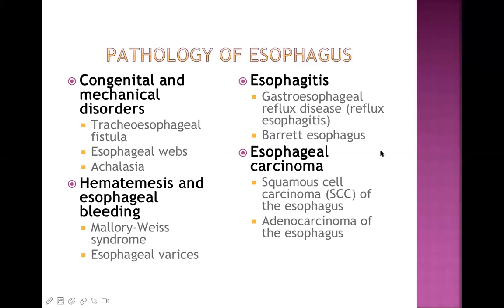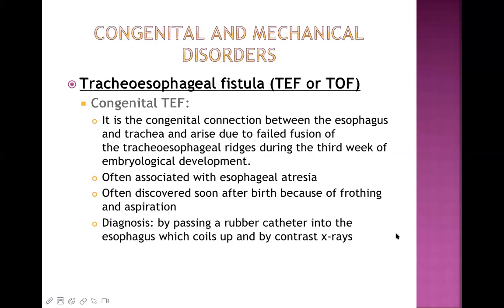And we'll complete this topic by talking about esophageal carcinoma, and two important types are there: squamous cell carcinoma of the esophagus and adenocarcinoma. So you can expect some questions in the exam from this topic.